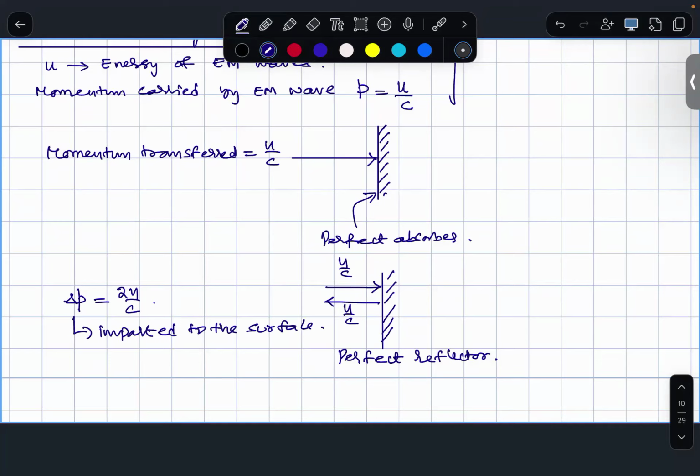I will teach much more qualitatively if we are approaching light as a photon. In modern physics, we will derive everything. Here, even in NCERT also, it is information. Any doubts till this point?